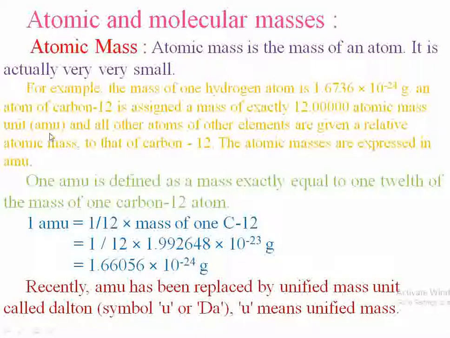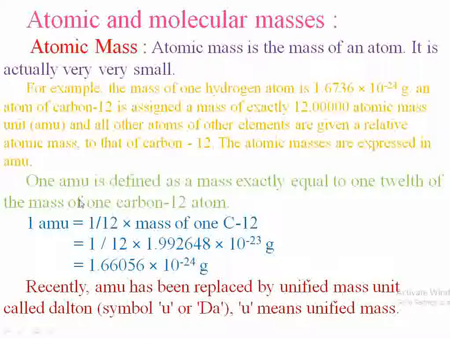This atomic mass unit is termed AMU, and all other atoms of other elements are given a relative atomic mass with respect to carbon-12. The mass of hydrogen is determined as 1.6736 × 10^-24 grams. Carbon-12 is assigned 12.000 atomic mass units, and all other elements are calculated using their masses relative to carbon-12, and the atomic masses are expressed in AMU.